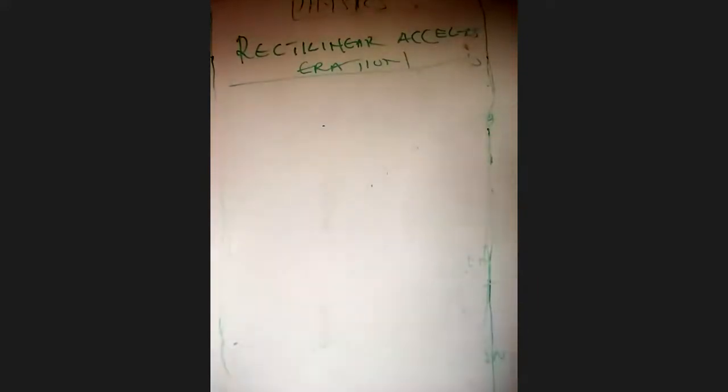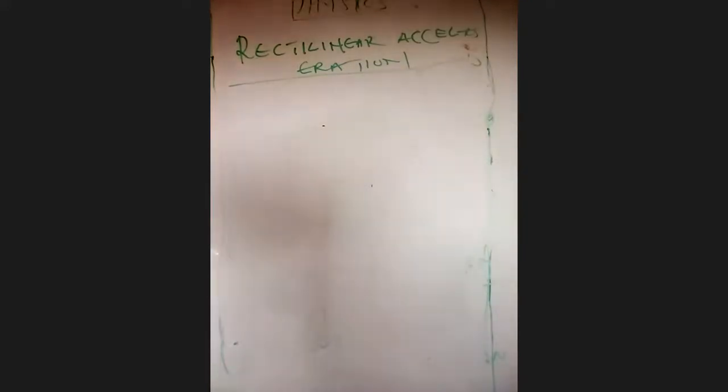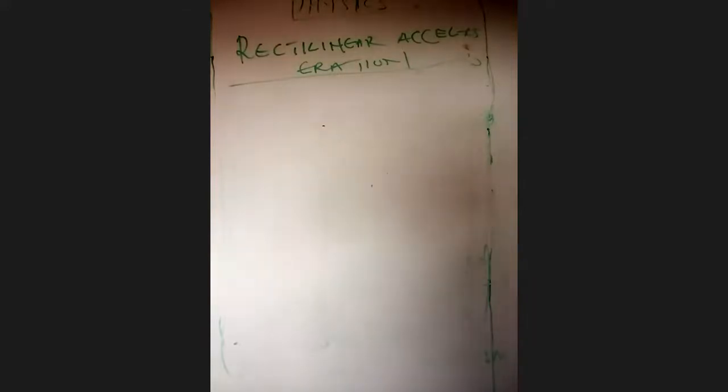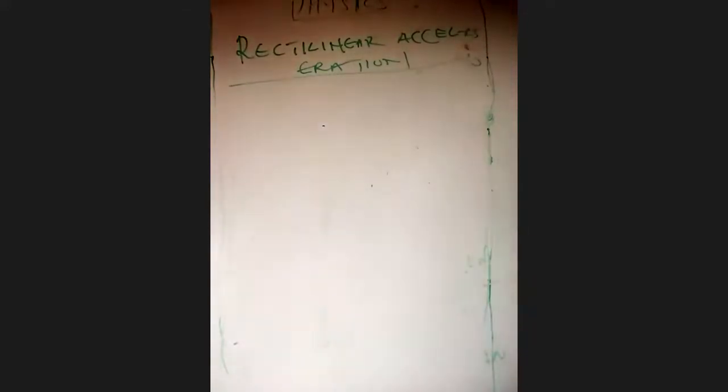We want to talk about rectilinear acceleration, but before we continue with the explanation, we first have to remind ourselves about what we mean by acceleration. Acceleration is defined as the rate of change of velocity with respect to time. I've talked about this under our fundamental and derived quantities and units.